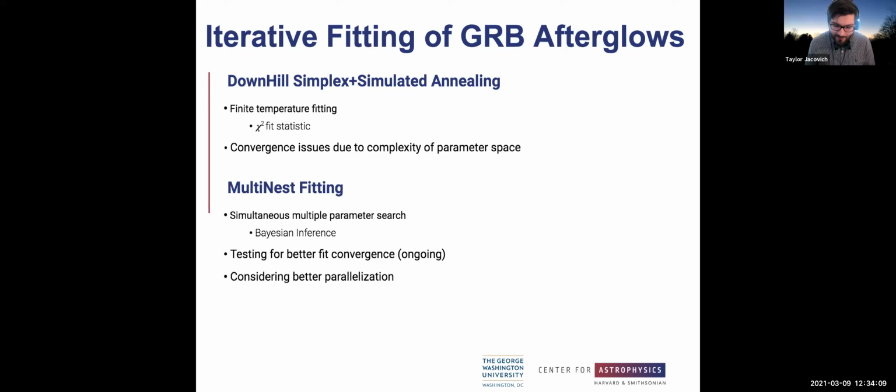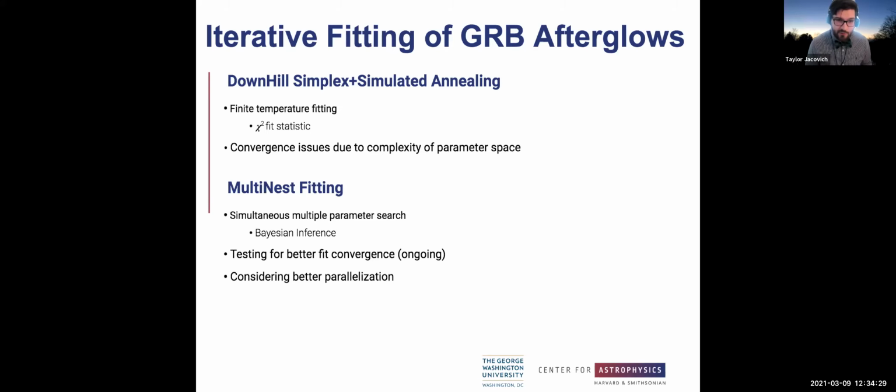But it seems to really struggle with walking in the parameter space in an efficient manner. It takes a very long time for it to converge in a way that we really feel comfortable with when we don't know what the output parameters are.